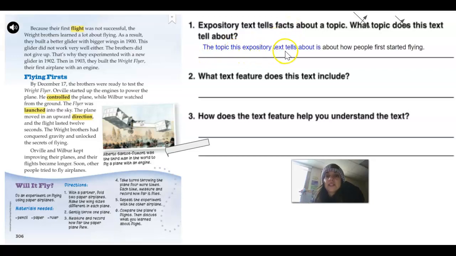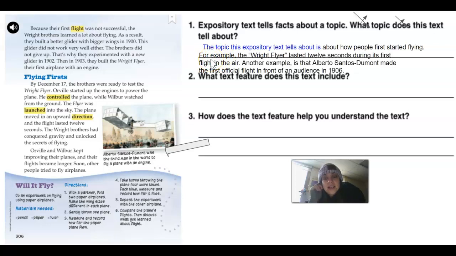The topic this expository text tells about is about how people first started flying. That connects directly to our heading, flying first. Now I need to support that with text evidence. For example, that's a phrase that tells my reader I'm going to introduce some text evidence. The Wright Flyer, this came directly from the text.